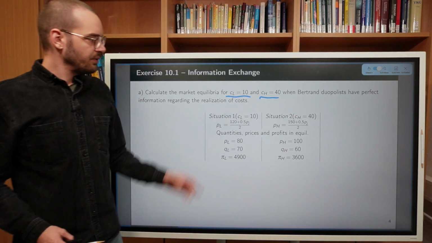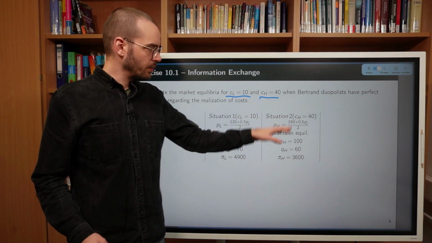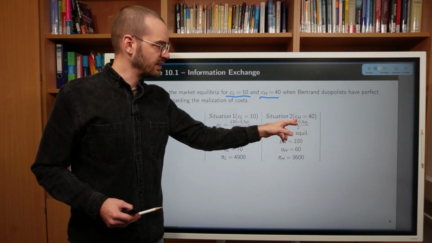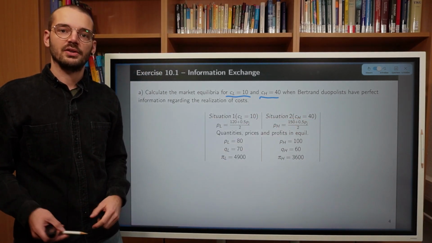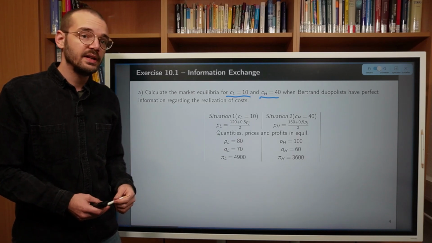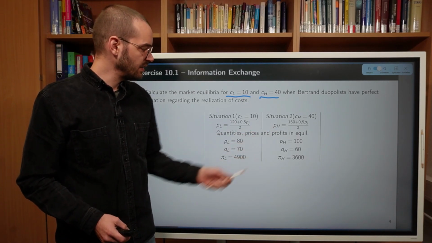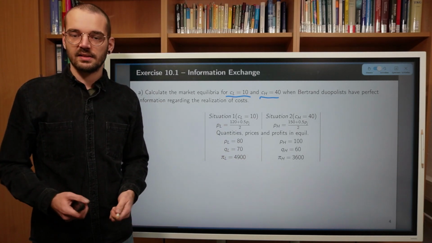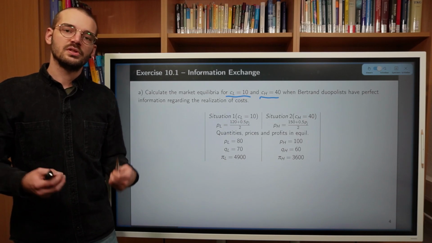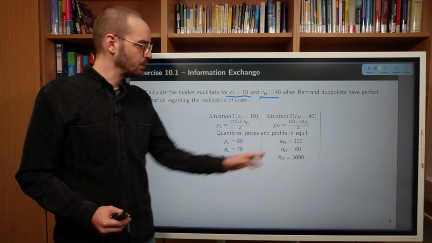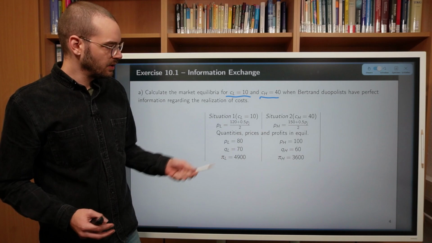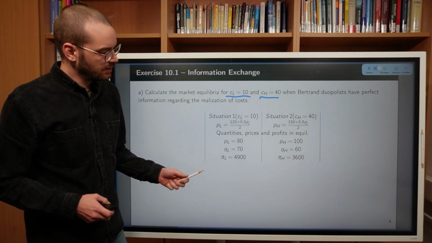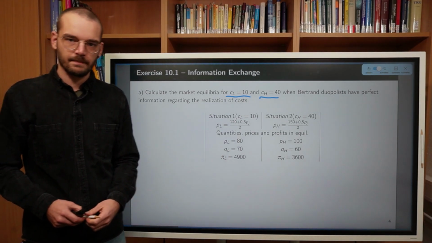At the same time, if we consider situation 2, where both firms have high constant marginal costs of 40, we again plug in CH into the reaction function we found on the previous slide, and using this we can calculate profit, quantity, and prices in market equilibrium for these two symmetric firms. In this case we have an equilibrium price of 100, a quantity of 60, and profits of 3,600.